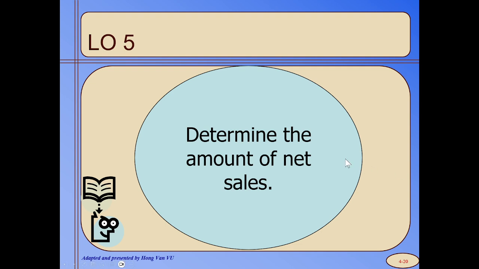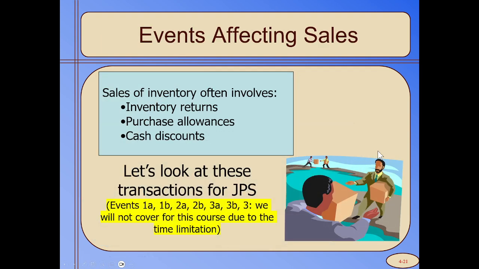So now we look at another subject, which determines the amount of net sales. There are three events that may affect the net sales. The sale of inventory often involves the inventory's return, meaning that the customer returns goods, the purchase allowances and the cash discounts.